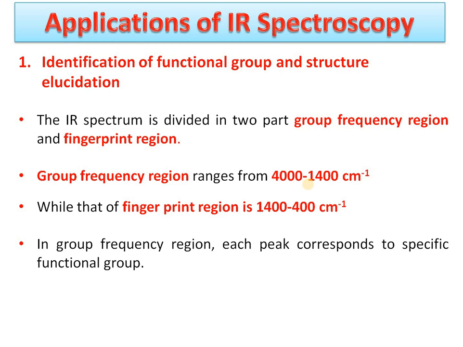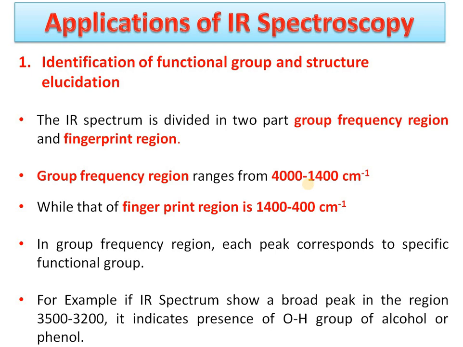In the group frequency region, each peak corresponds to a specific functional group. For example, if the IR spectrum shows a broad peak in the region 3500 to 3200, it indicates the presence of OH group of alcohol or phenol. So if we get a peak in this region, which is a broad peak, it will indicate the presence of OH in alcohol or phenol.